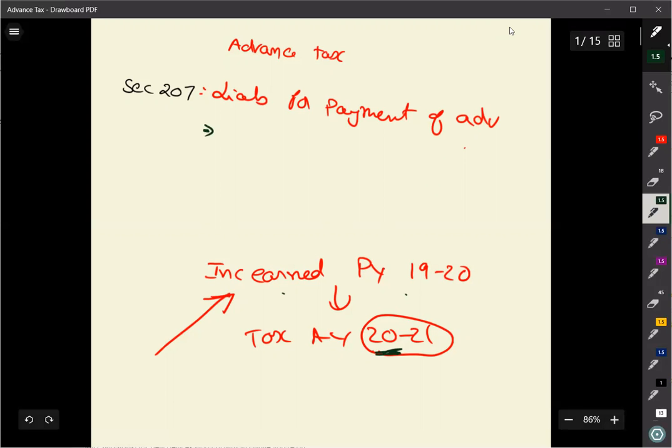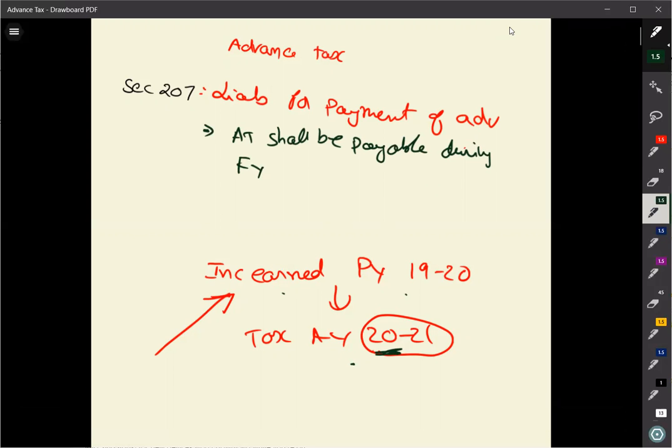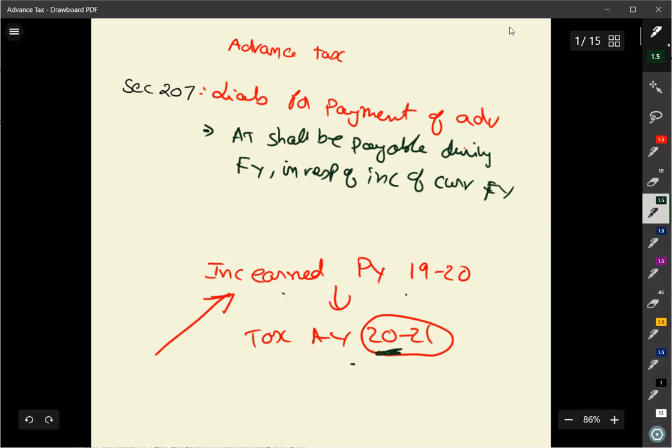Now, the section says advance tax shall be payable during the financial year, not in the assessment year, in respect of the income of the current financial year. If your current financial year is 19-20, you are supposed to pay tax on the current income of that financial year in 19-20 only.